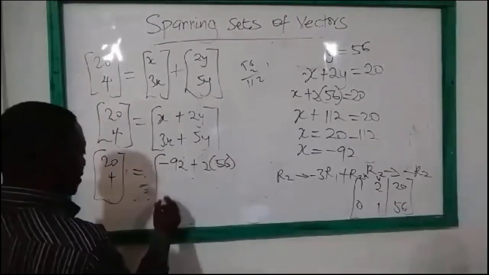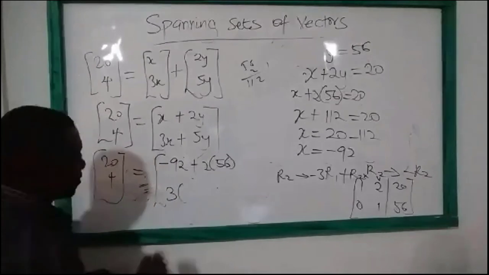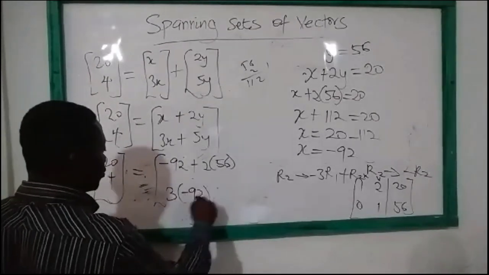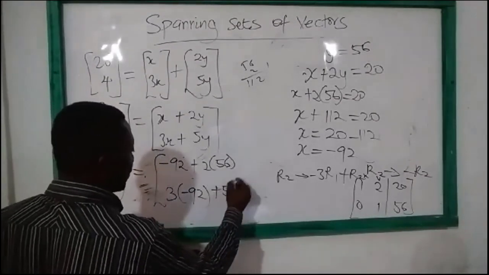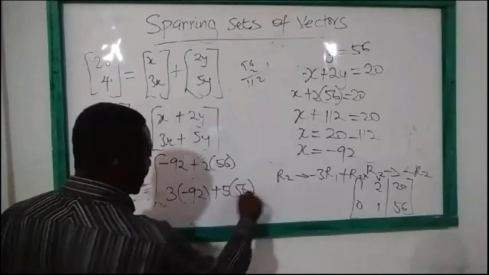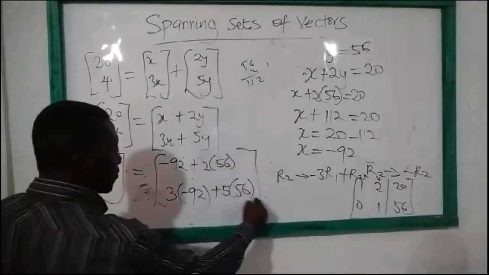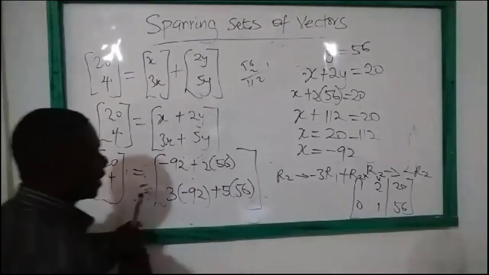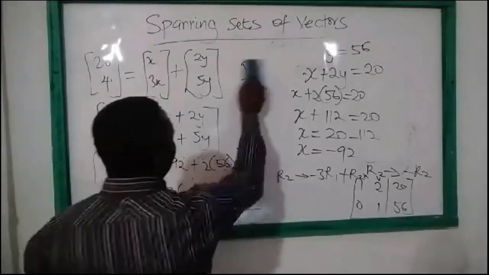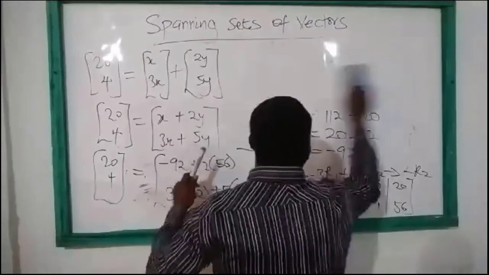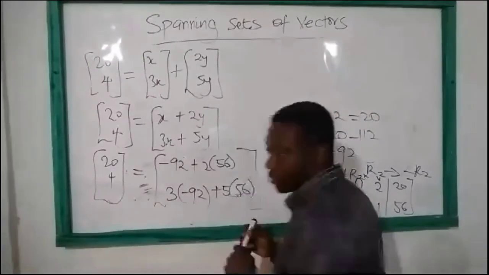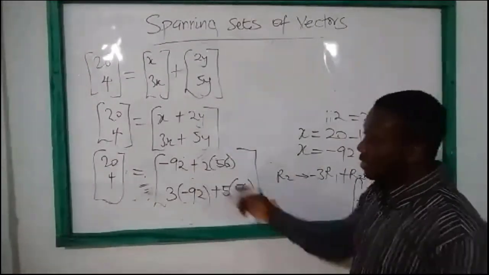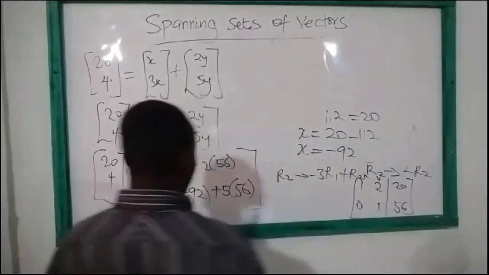And then we are going to get 3 of x, minus 92, plus 5 of y, 56. So from here, you now simplify. If you simplify this, you can take the calculator.